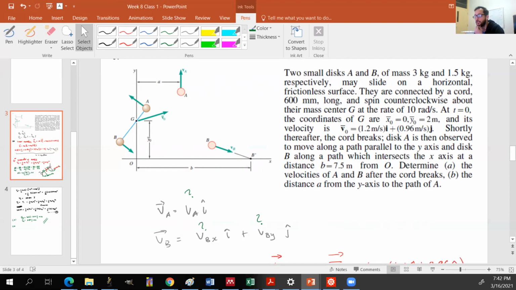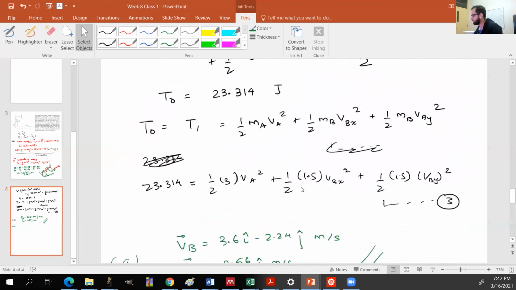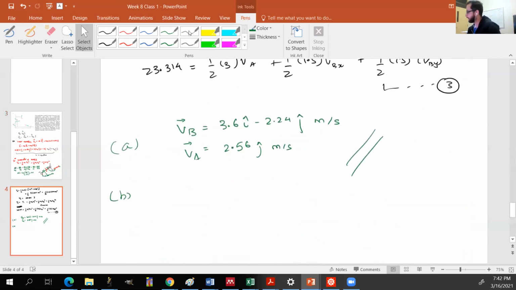So what we're going to do is conserve the angular momentum, and that will help us figure out what's happening. And this is a little bit of a journey, so bear with me.